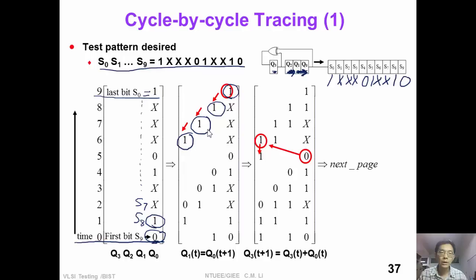We can work all the way down on this diagonal line. Every bit must be the same. Since we already know that S0 is 1, every bit on this diagonal line must be 1. Similarly, since this bit has been specified to 0, every bit along this diagonal line must be 0, and every bit on this diagonal line must be 1.